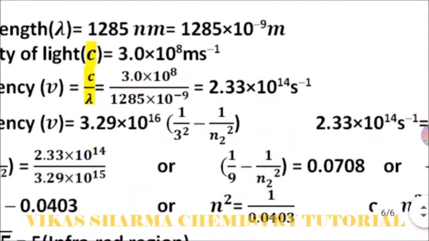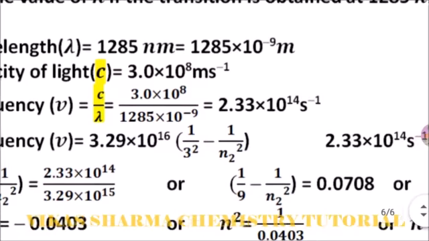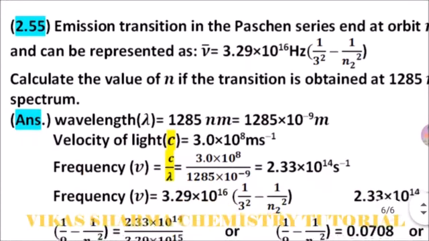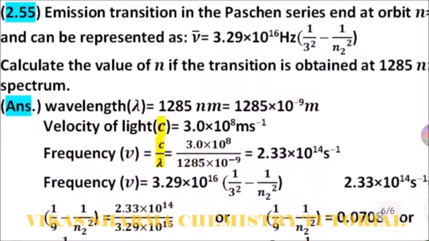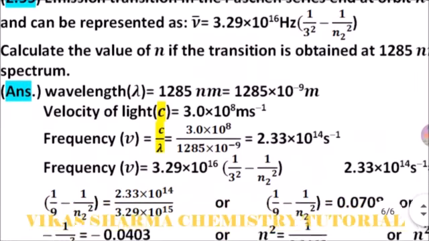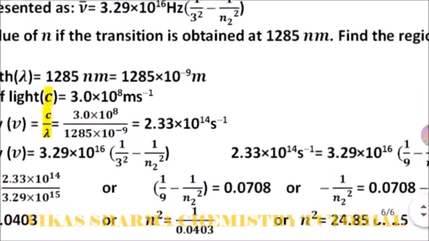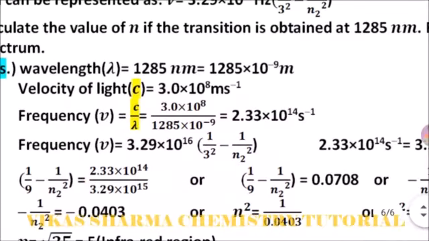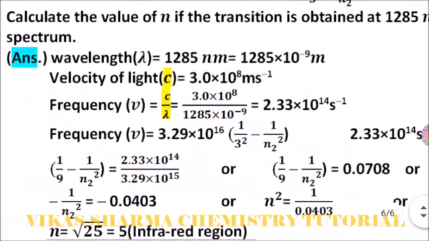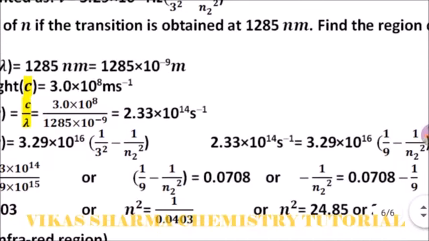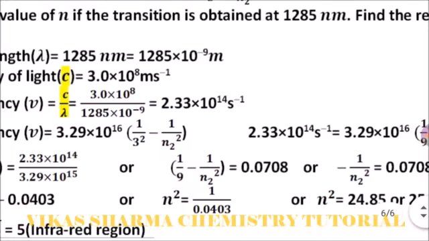Frequency is equal to, as in the question, 3.29 into 10 to the power 16, and then in brackets 1 upon 3 square minus 1 upon n2 square. So we put in the frequency value, 2.33 into 10 to the power 14 per second, in the whole equation.